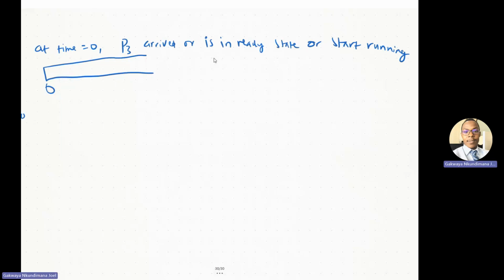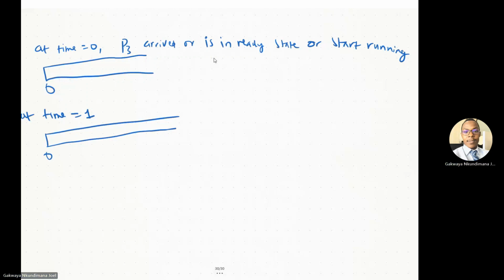Next, at time equal to 1, what happened? What happened at time equal to 1? I may draw it this way. We have to write all the possible things which happened. Already P3 is running.